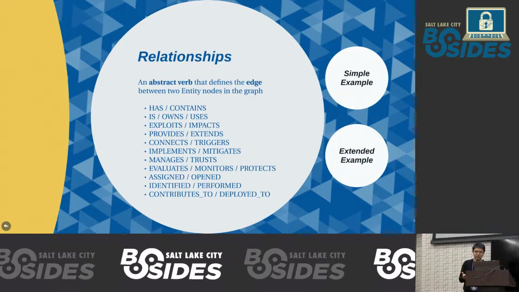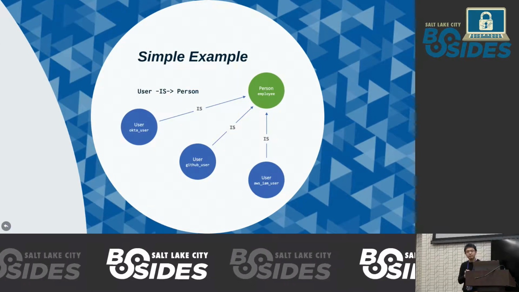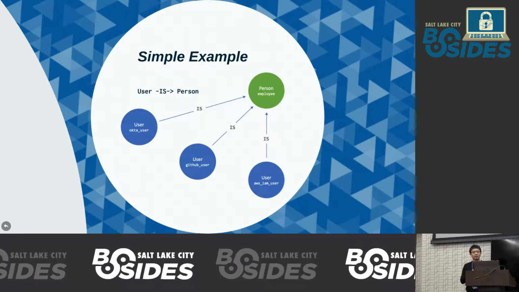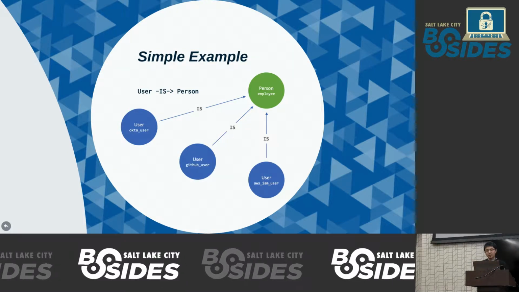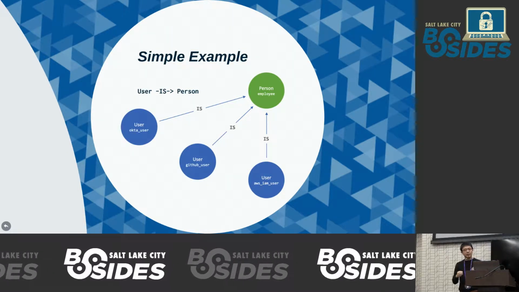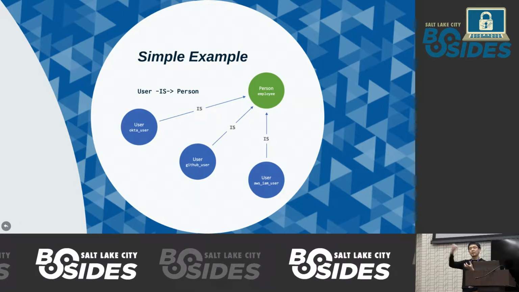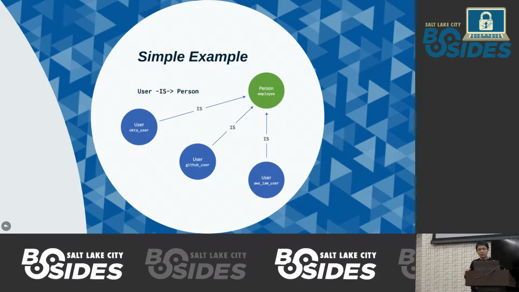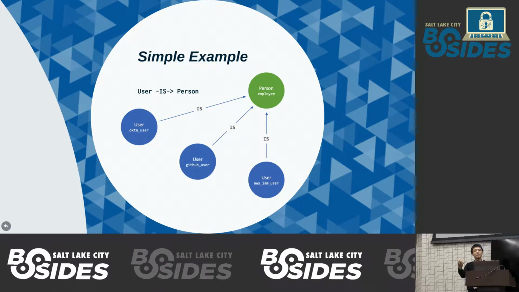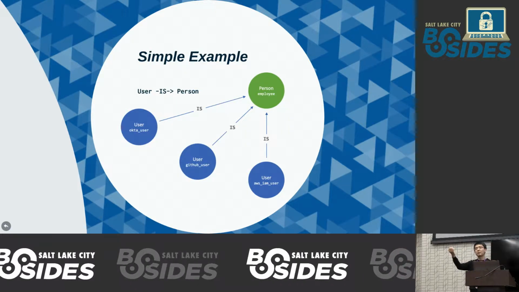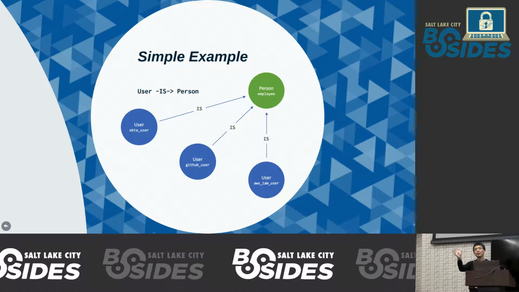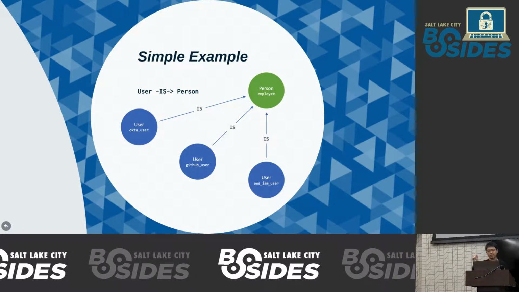So I'll give you a couple examples. Here's a simple one, which is, in this example, there are 3 users. Okta is an identity provider. You can have an Okta user that is this person. You can have a GitHub user that is also this person. Or you can have an IAM user in AWS that is also this person. So this is a 1-degree relationship, right?